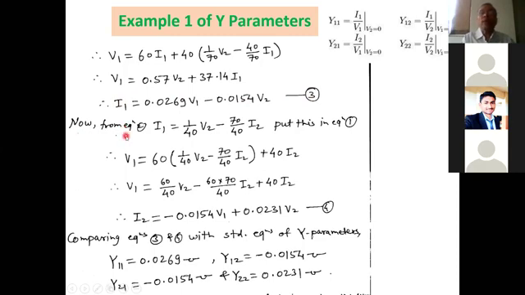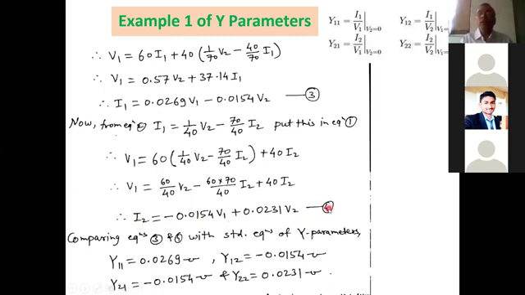Now again from equation 2, we have found the value of I1 in terms of V2 and I2 and substituted it again in equation 1, so that you will get V1 in terms of V2 and I2. These are the only three terms, and we want to express I2 in terms of V1 and V2. So rearrange this equation in such a way that you will get the value of I2 in terms of V1 and V2.